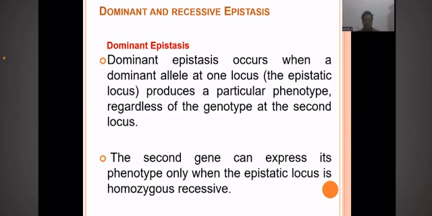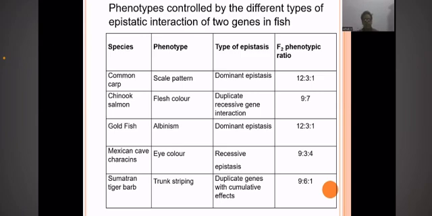That is, if the homozygous allele, which was dominant earlier, is small t and small t, or small a and small a, only under such circumstances can the second locus express itself, which we call recessive epistasis. Here, the type of epistasis and the ratio: the common cucurbit scale pattern is formed due to dominant epistasis, and the F2 phenotypic ratio would be 12 is to 3 is to 1.